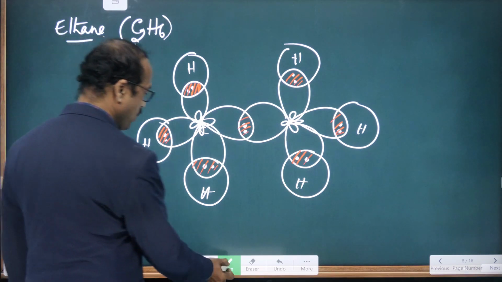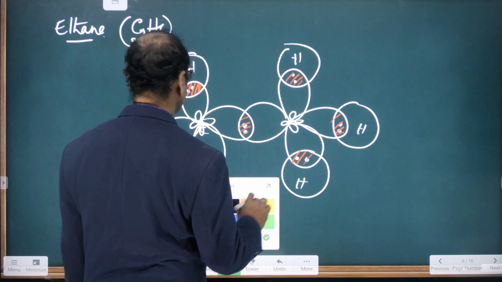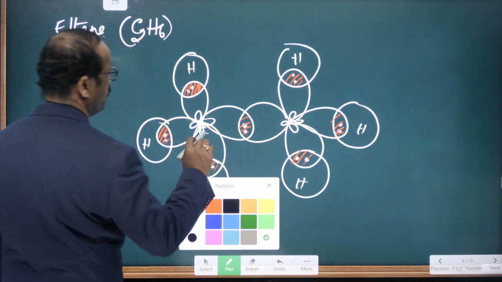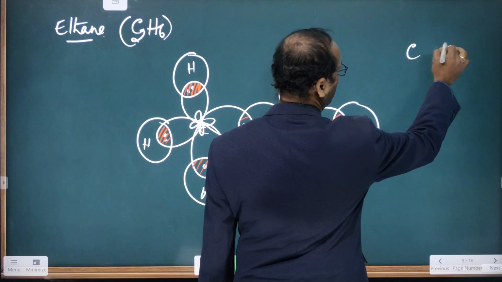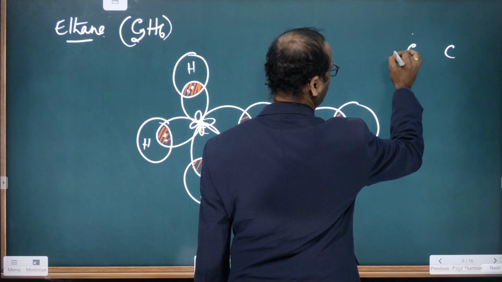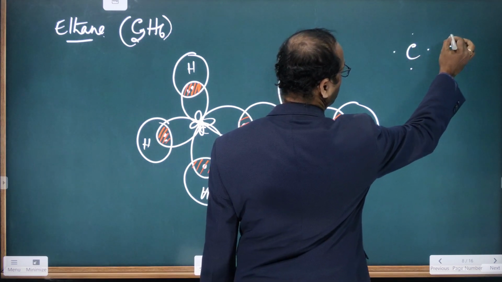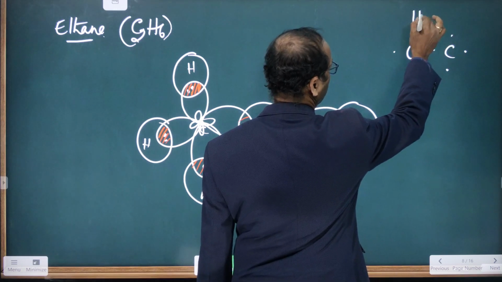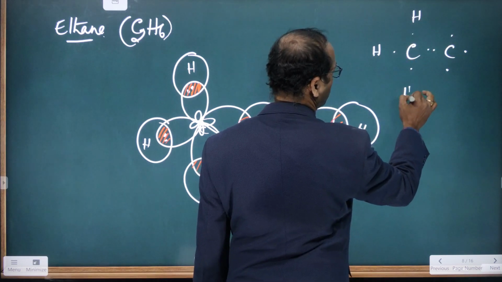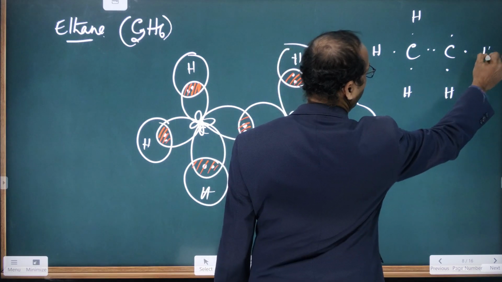How can you write it in a simple way? You can write the electron dot structure like this. Here I'll write: 2 carbons, each with 4 electrons, 1, 2, 3, 4, and this also 4. Now they combine with 6 hydrogens, 1, 2, 3, 4, 5, 6.